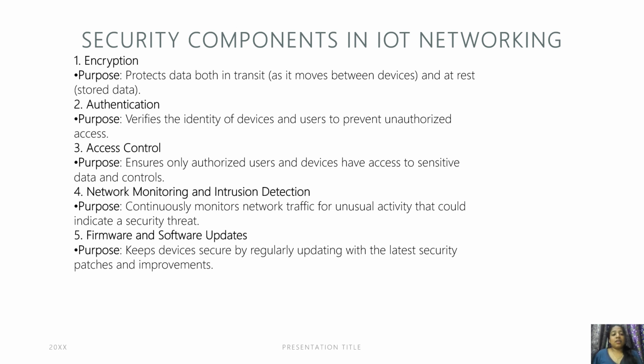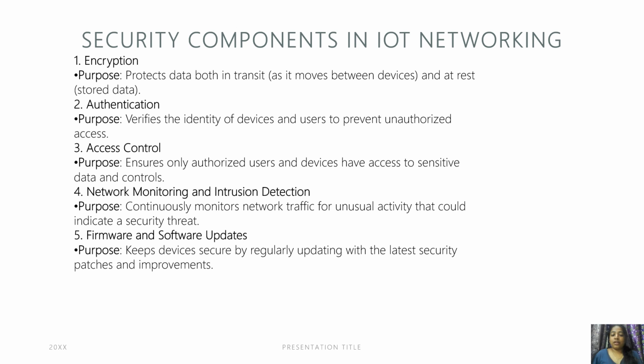Access control allows only authorized users or devices to have access to sensitive data and controls, such as role-based access control and attribute-based access control. Network monitoring and intrusion detection is a mechanism to detect unusual activity in the network that indicates a security threat.